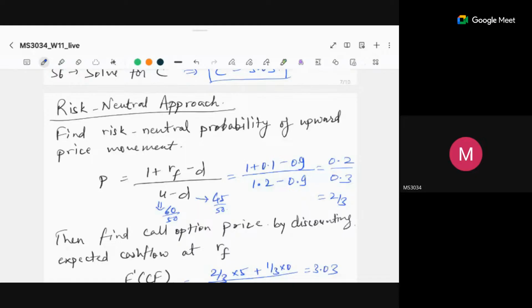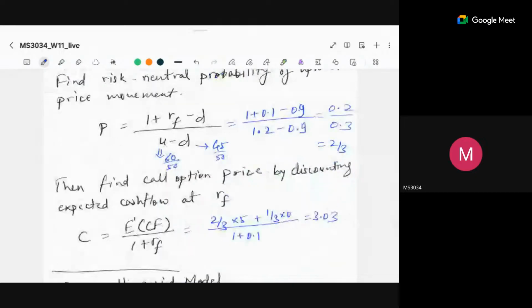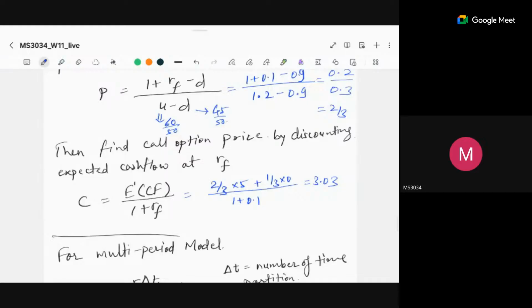Next, we use this probability to find the expected cash flow from my option, and we discount it with the risk-free rate. With probability 2 by 3 the price goes up to 60, and then my call option payoff is 5 rupees.